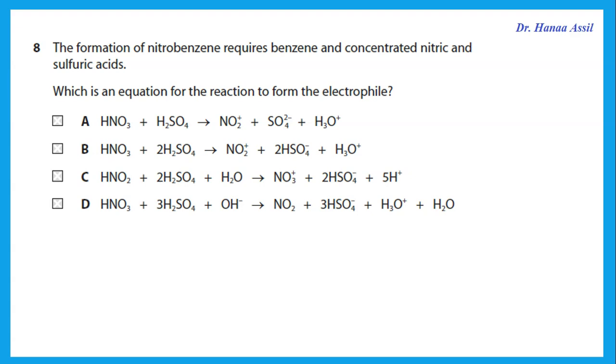The formation of nitrobenzene requires benzene and concentrated nitric acid and sulfuric acid, which is an equation for the reaction to form the electrophile. Remember that in order to put a nitro group on the benzene ring, we need to react it with concentrated nitric in presence of concentrated sulfuric.